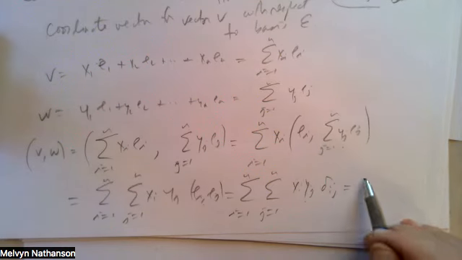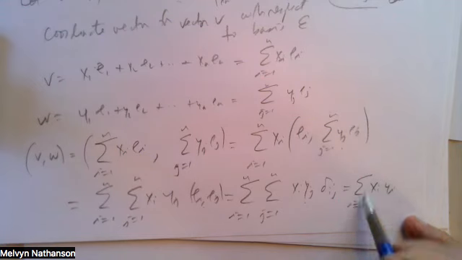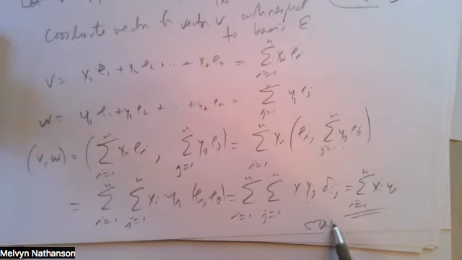This is 0 except when i equals j. So this becomes summation xi yi, i goes from 1 up to n. And this is the standard inner product.